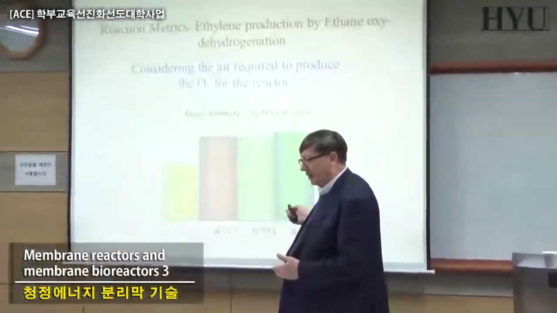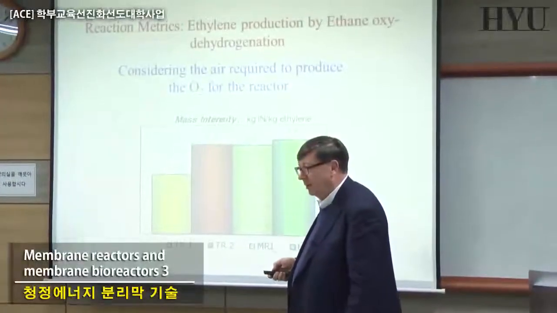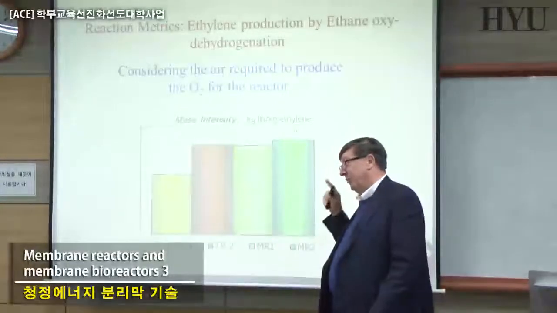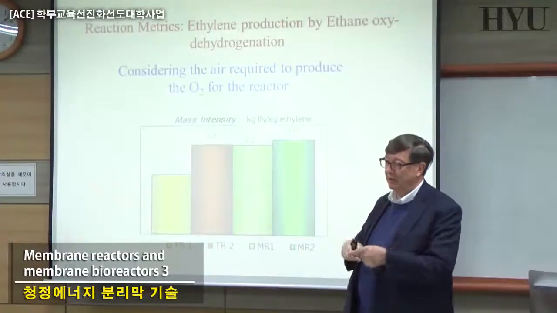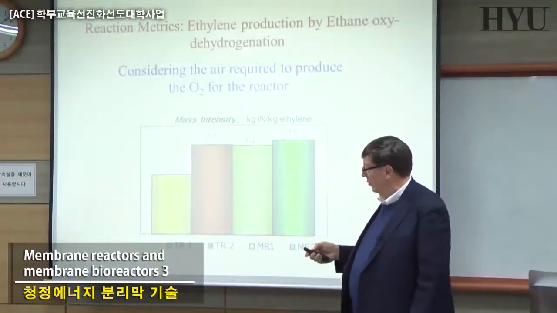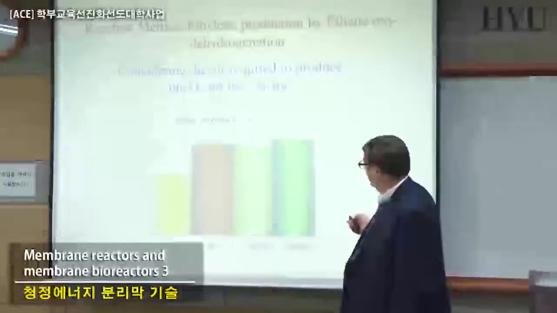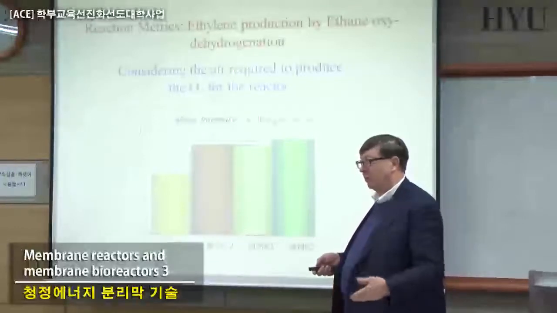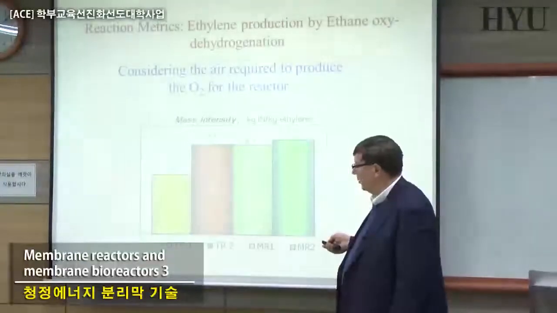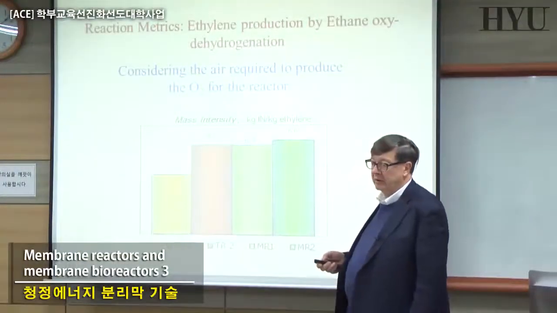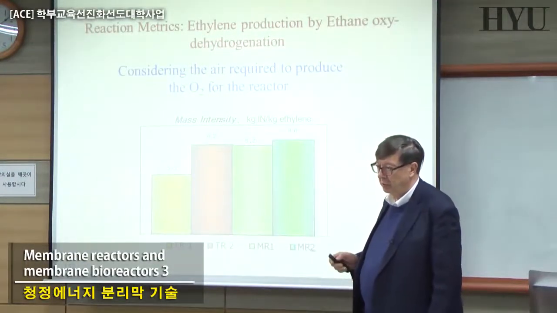Because of how it is defined: it is the mass of the specific product you are considering compared to the total that is entering. So in this case, what does it mean? It means that for the product we are supplying to the reactors, the amount of ethylene we are producing is higher than what is produced in traditional reactors. That's what we are telling.